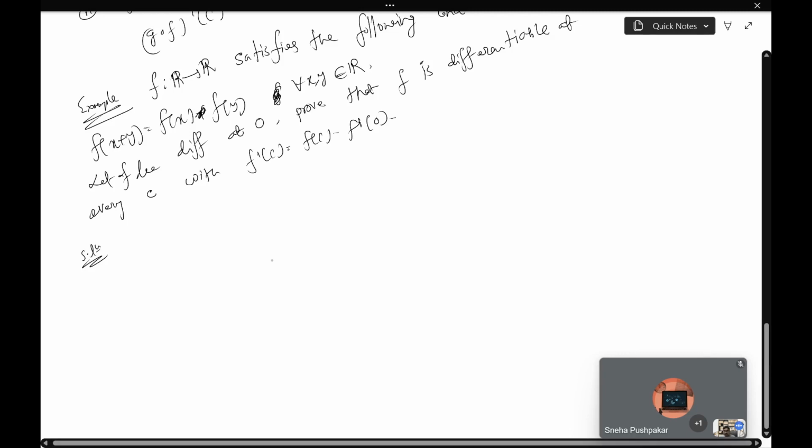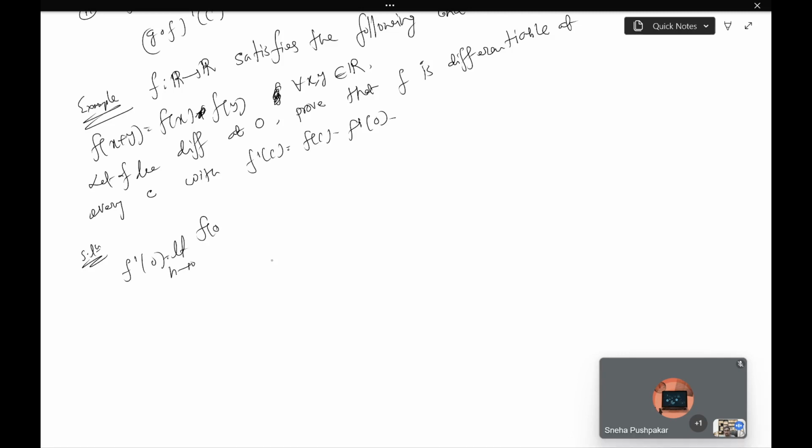The point is that f dash zero is what? f dash zero is the limit h tends to zero of f of zero plus h minus f of zero by h. By the hypothesis that f of x plus y is f of x into f of y, this is equal to f of zero into f of h minus f of zero by h.